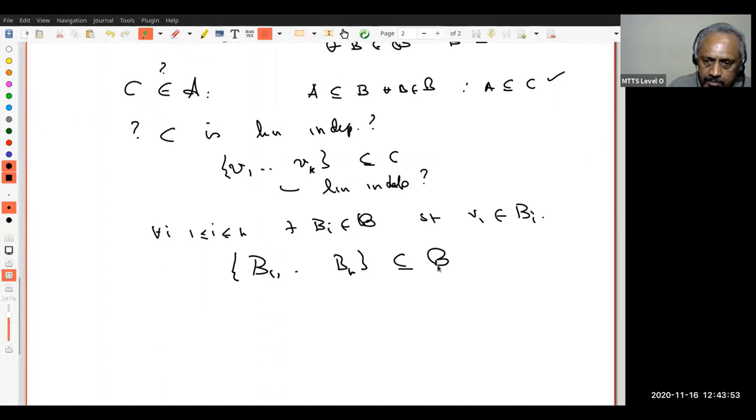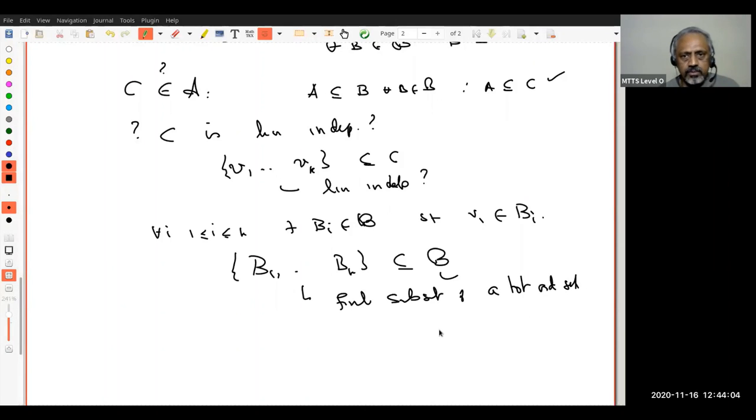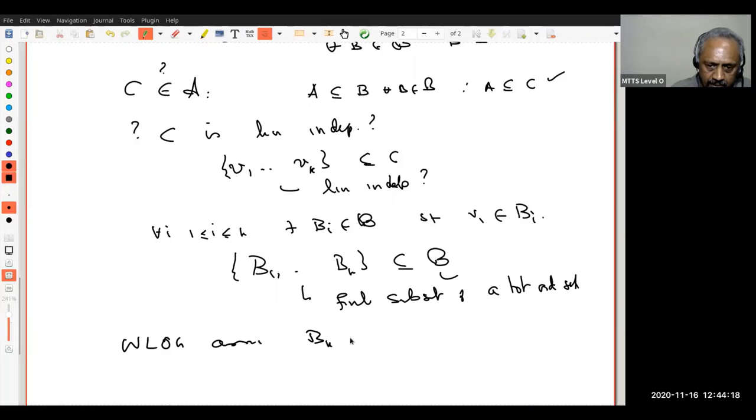This is a finite subset of a totally ordered set. We had already seen in the first and second lecture that any finite subset of a totally ordered set has a maximum. Therefore, without loss of generality, assume Bk is the maximum of B1 to Bk.